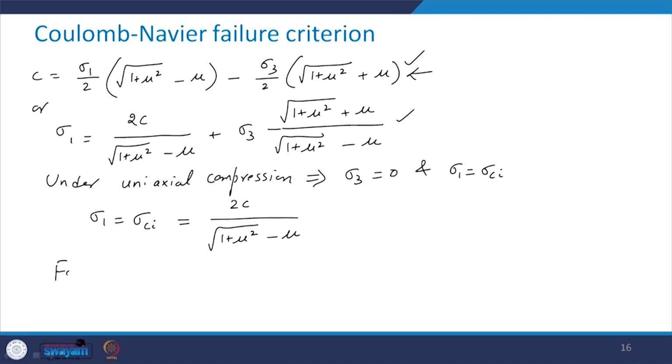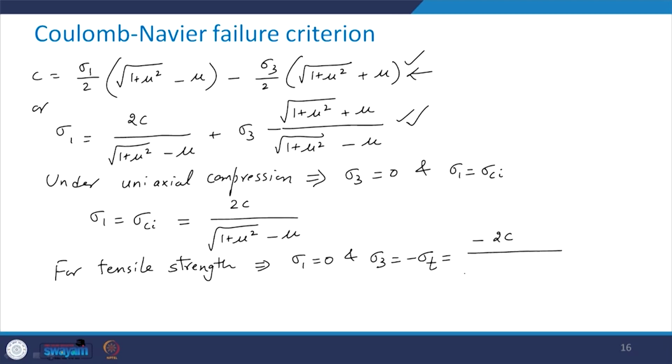What will happen for the tensile strength? In this case, sigma 1 will be equal to 0 and sigma 3 will become equal to minus sigma t. Substituting in this equation, you will get minus sigma t equal to minus 2c upon (square root of 1 plus mu square plus mu).